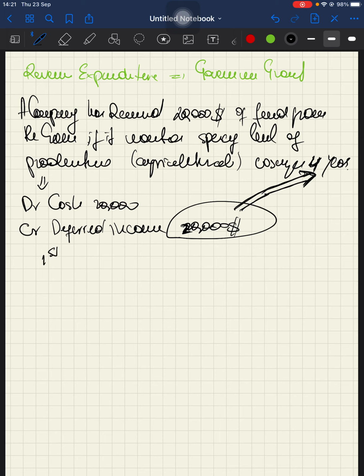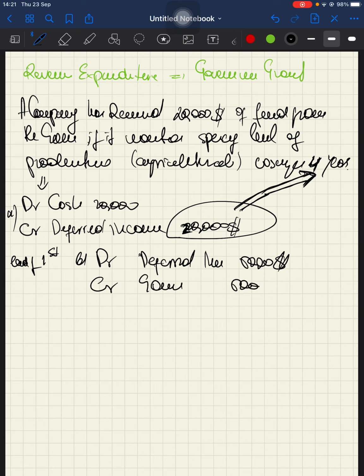Let's assume that in the first year, how should we write this? We have already recorded debit cash 20,000. At the end of the first year, we will record debit deferred income $5,000 and credit gain $5,000.